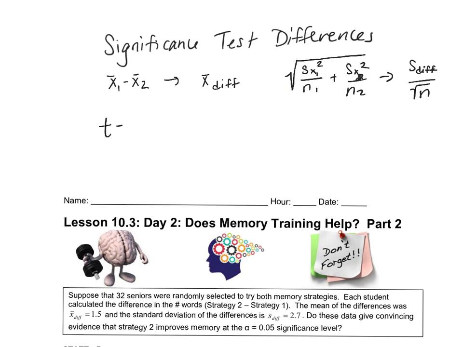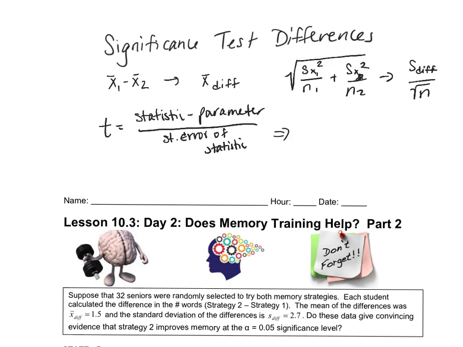Well, t's are still going to be around because we do not know the population standard deviation, and we're still going to do a statistic minus a parameter divided by the standard error of the statistic to find a t-value, and that t-value is then going to result in a p-value, and that p-value is what's going to allow you to determine if you reject or fail to reject.